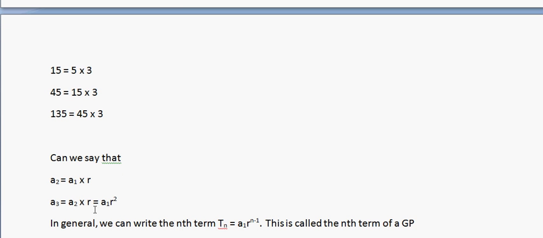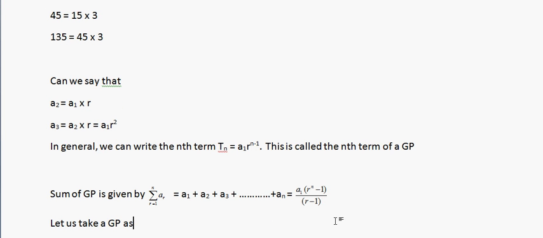So we can generally say r is the common ratio here, right? a1 is the first term and r is the common ratio which is being multiplied, right? So what we can say is that nth term Tn is equal to a1 into r raised to power n minus 1, right? So this is the nth term of a GP or a geometric progression.